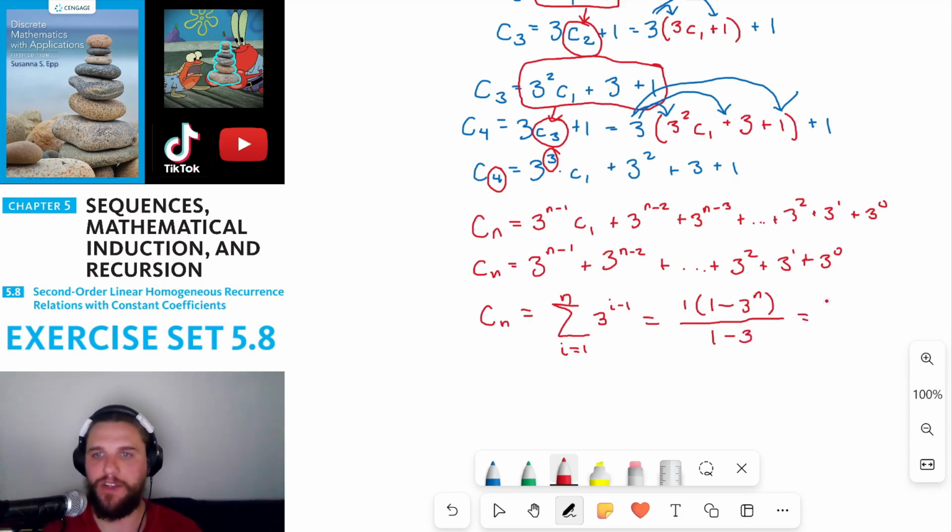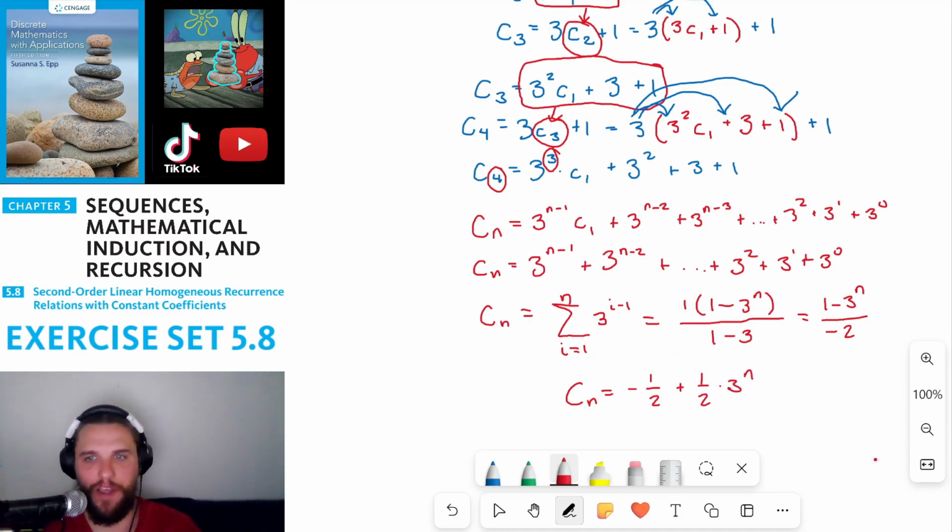This simplifies to 1 minus 3 to the n over negative 2, which means we can rewrite our explicit formula here as negative 1/2 plus 1/2 times 3 to the nth power. And that's the explicit formula, and this explicit formula should work for all n greater than or equal to 1.